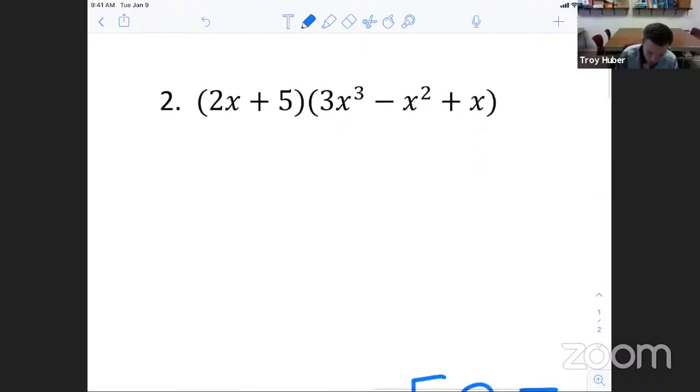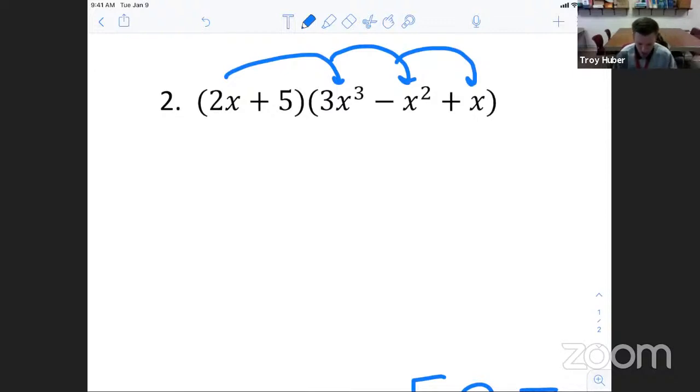to number 2, that means that each of these terms has to get multiplied by all three of these. So that would mean that your 2x is getting multiplied to all three of these. So you have 2x times 3x cubed. So 2 times 3 is 6.